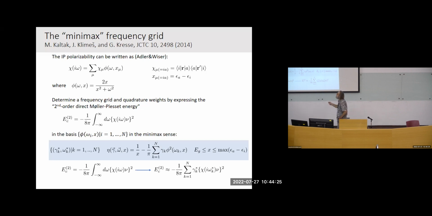So the optimal frequency grid to represent the polarizability we seek in the following manner. First, we realize what the functional form of the polarizability is in general.